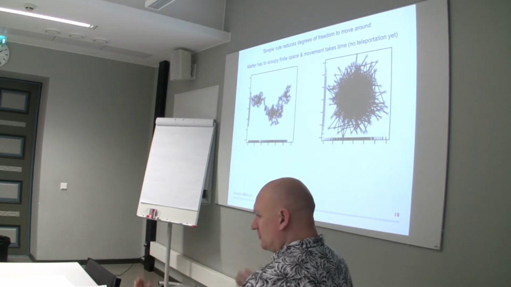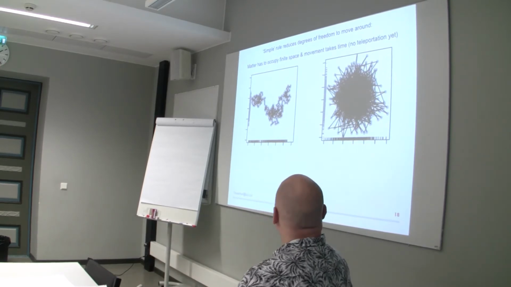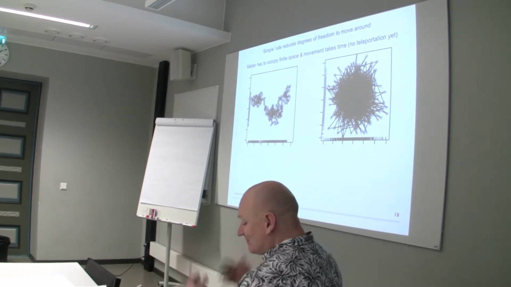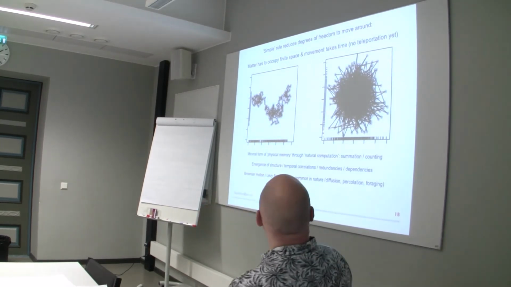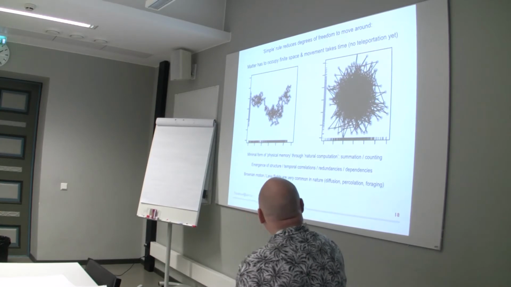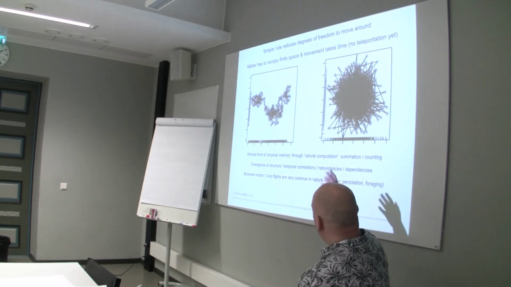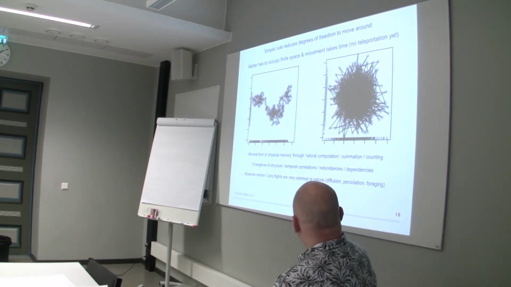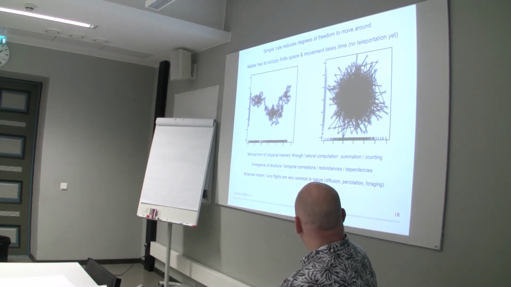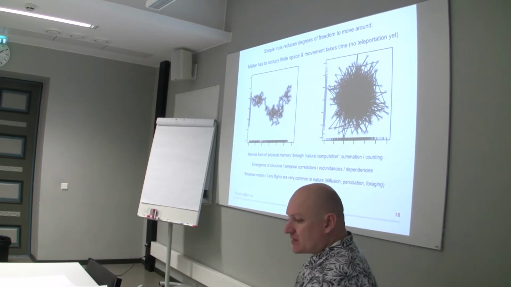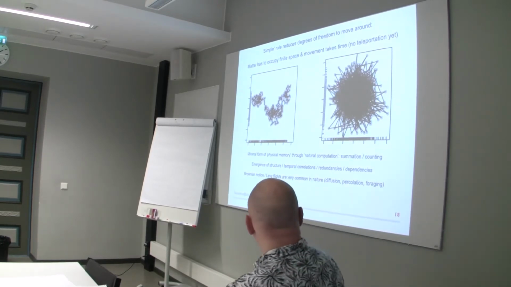Anomalous diffusion is much more common, but due to the sequence of historical discovery, anomalous diffusion came later. So this is kind of a minimal form of physical memory, kind of natural computation. So structure emerges out of these temporal correlations, basically.